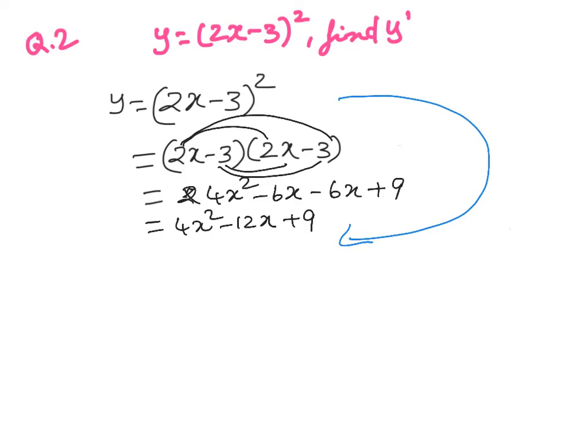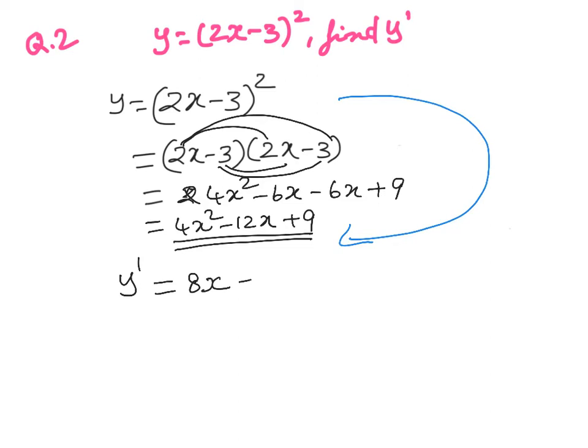Now from this I have to find the y derivative. So I write y derivative is equal to 4 times 2. I am simplifying, I am reducing the steps here. So I can say 2 times 4, which is 8. So I have 8x here, and reduce the power of 2, the 2 minus 1, which is equal to 1, and we don't write that.